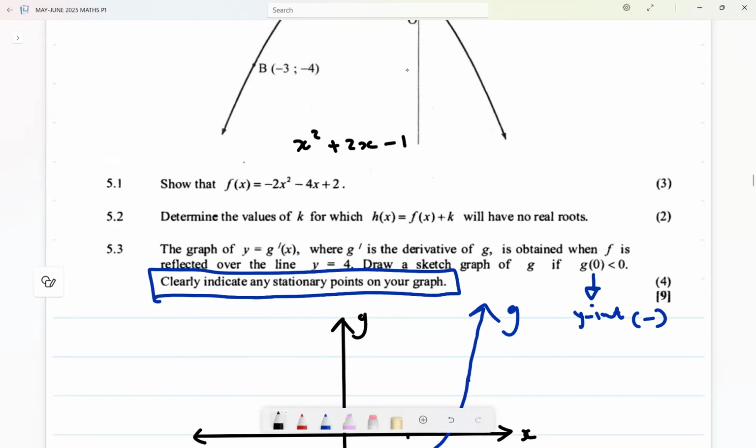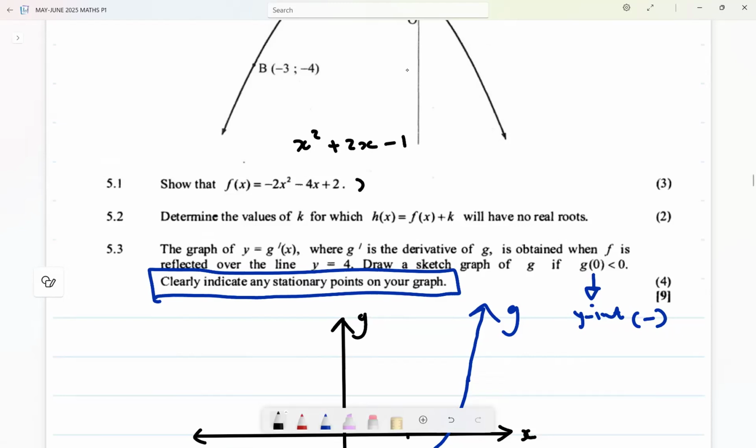It seems like this one does not have x-intercepts. So let me use the quadratic formula: negative b plus or minus the square root of b squared minus 4ac, divided by 2a.